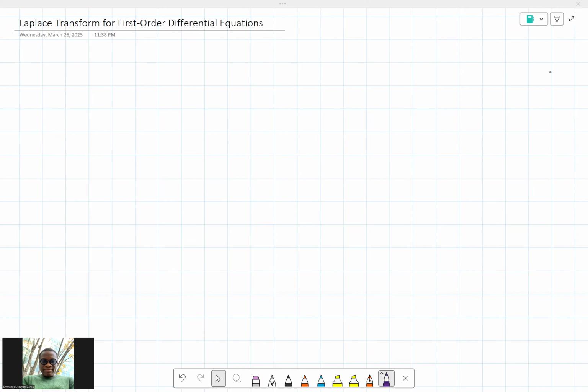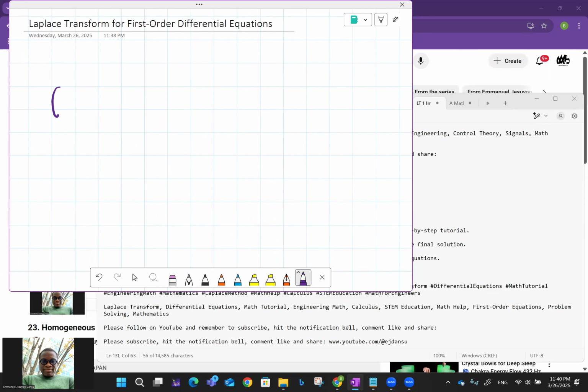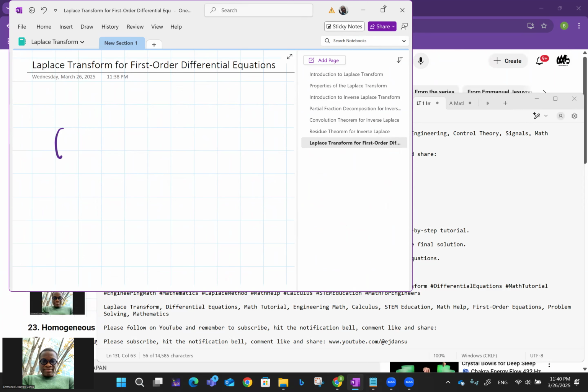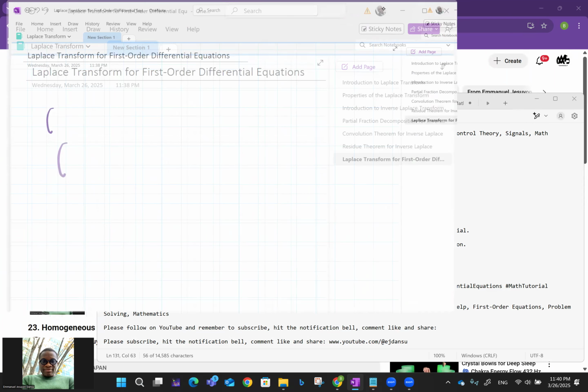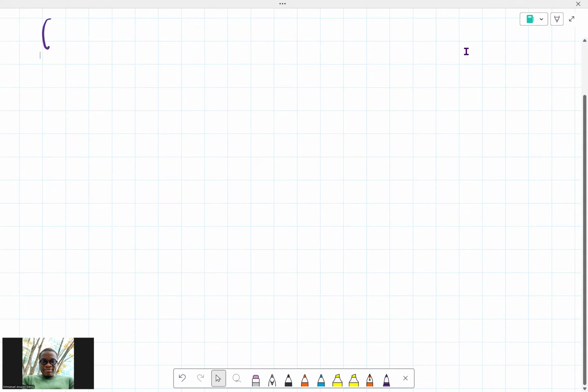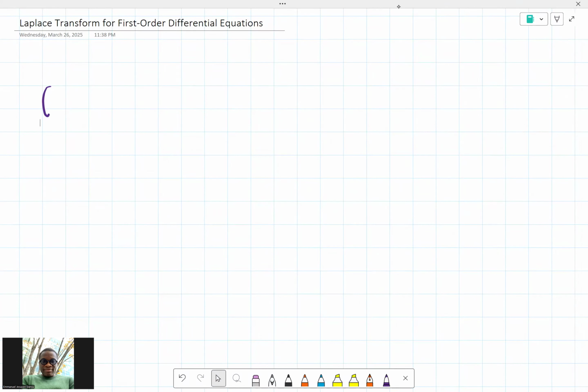So, in overview, just like we've always known, Laplace transform helps to convert differential equations into algebraic equations.